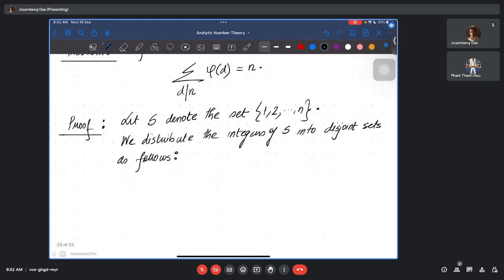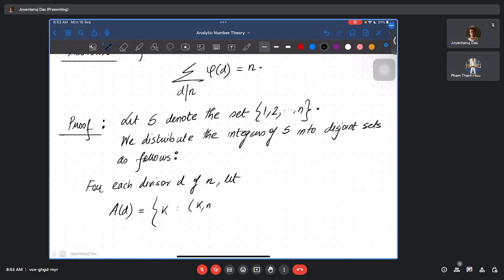Okay. For each divisor d of n, let A(d) denote all the integers k, where k varies from 1 to n, such that the GCD of k and n is exactly equal to d.